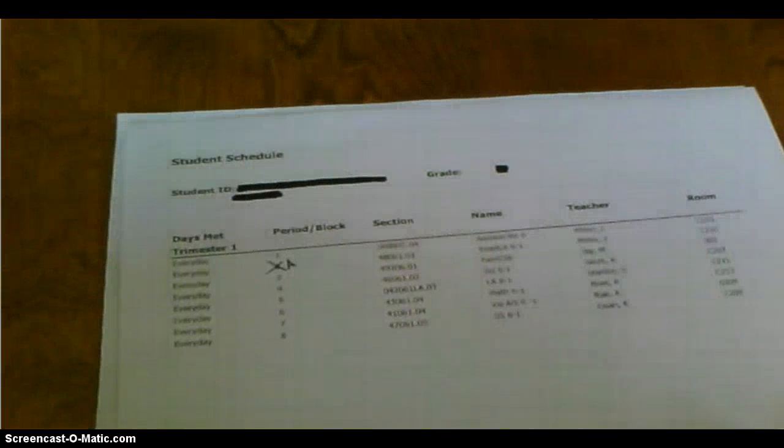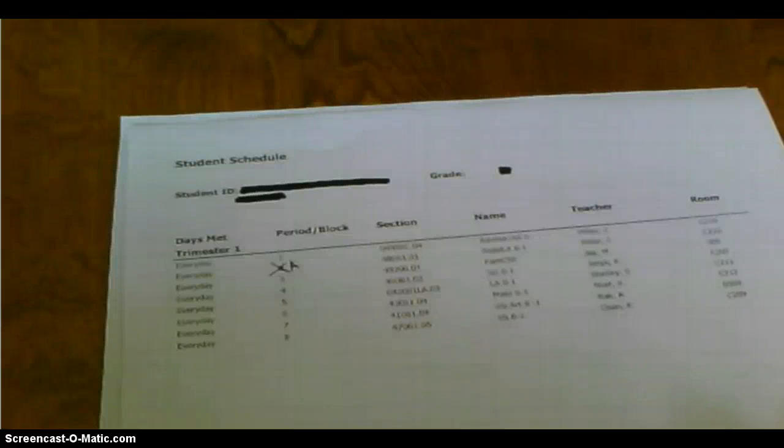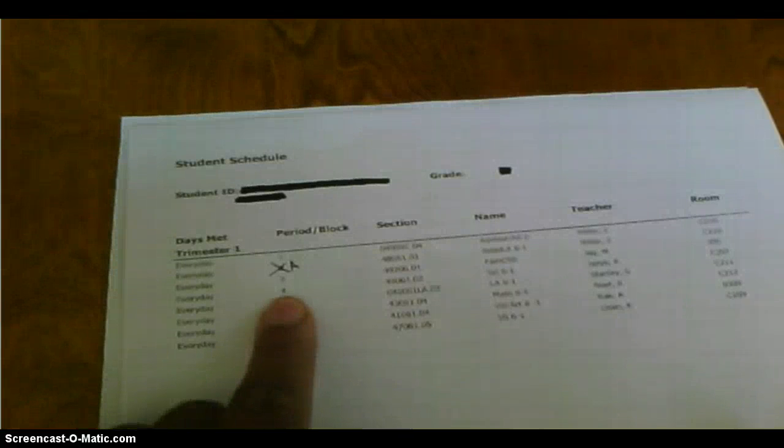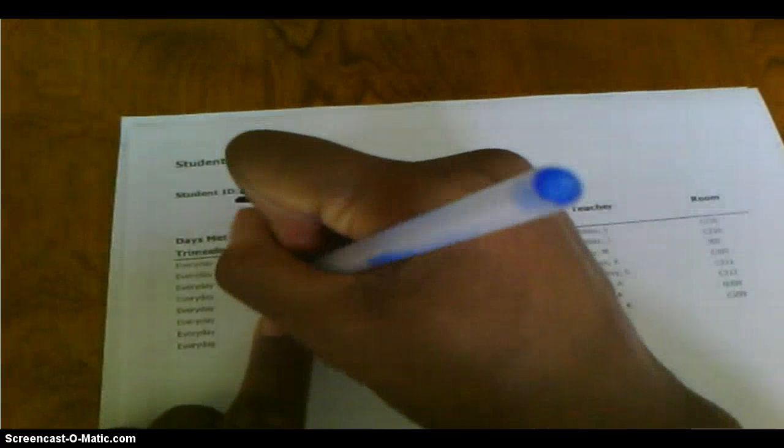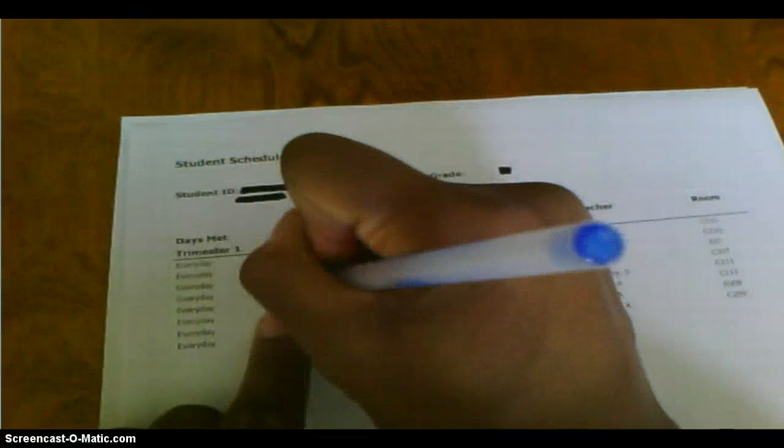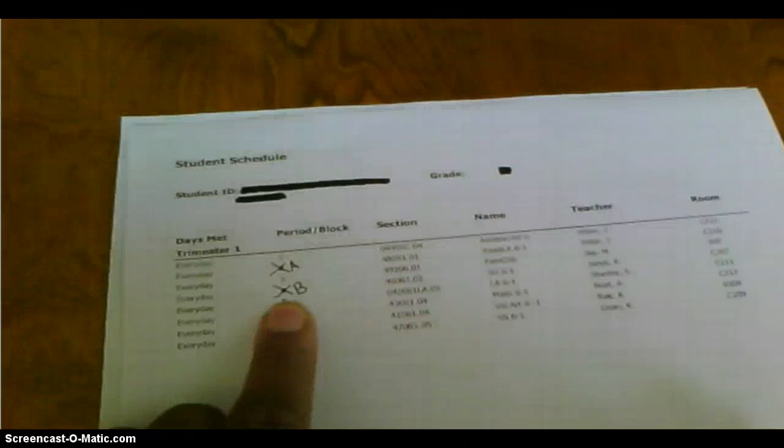We're going to be using what we call our A block. Where you see a number 4, please cross off the 4 and put the letter B. We will not use a number 4, but we will use the letter B instead.